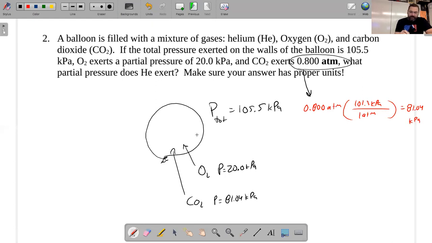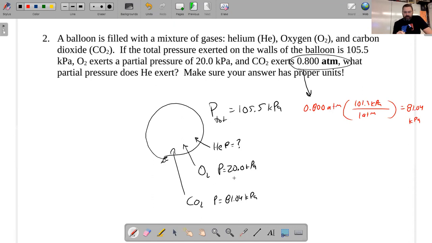And there's some other gas, some helium, and we want to know the pressure of helium. The idea is that the total pressure of the gas comes about as a result of pressure from helium, pressure from oxygen, and pressure from carbon dioxide. The sum of the pressures of helium, oxygen, and carbon dioxide is equal to 105.5.